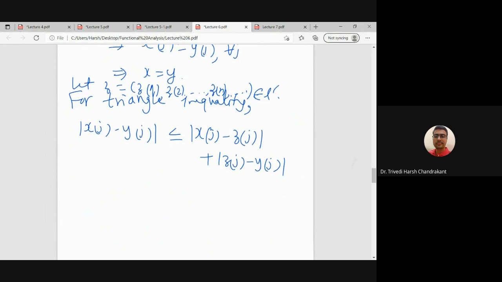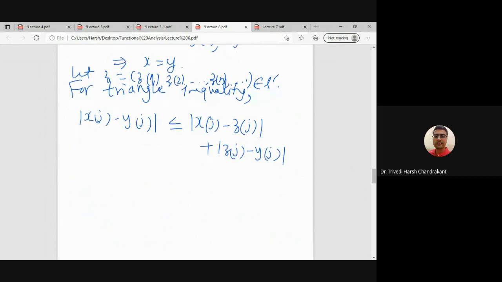With respect to the z sequence, these xj, yj, zj are entries of the sequence, so they are real or complex numbers. And for that we have the triangular inequality for each j. Right.